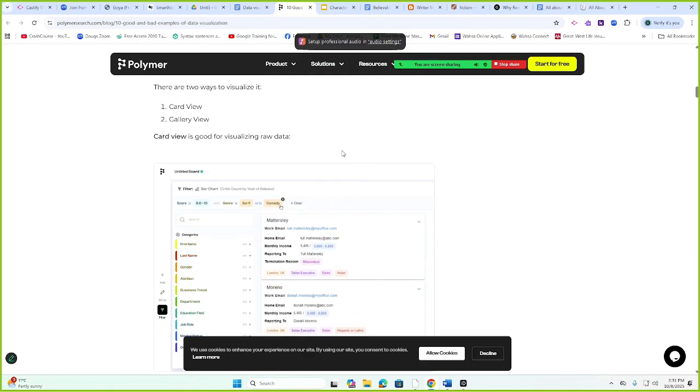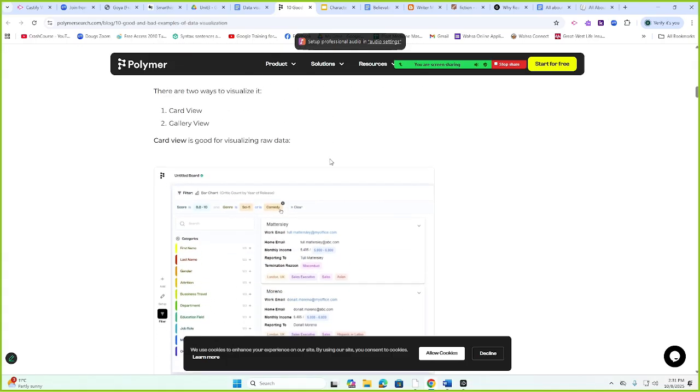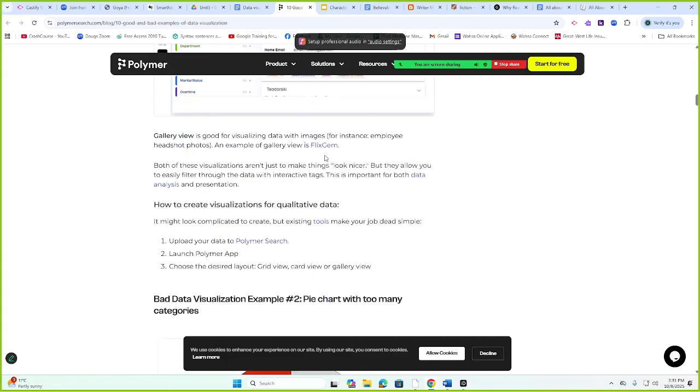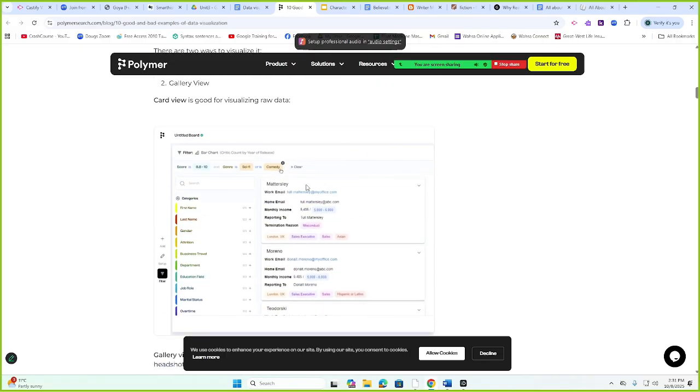But there's 2 ways to visualize it. One is called the card view and the gallery view that follow. Okay, so have a look at this picture here. And this is more from what we would see in a database, right?